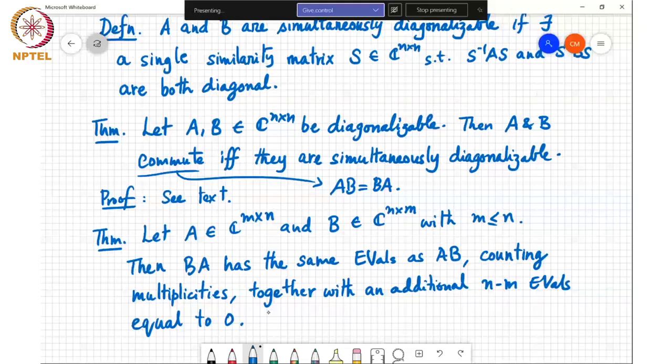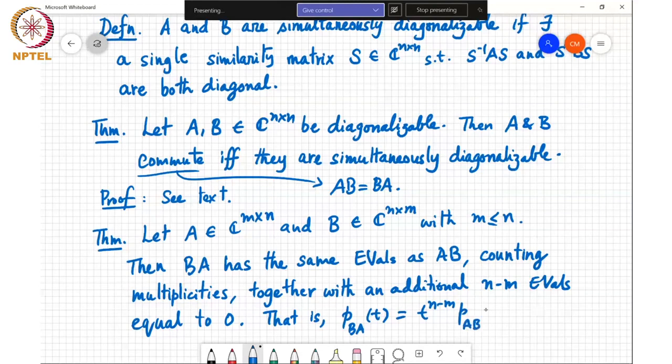Another way to say it is that if I look at the characteristic polynomial PBA of t, that is equal to t power n minus m times PAB of t. So this has n minus m extra zeros because t equal to 0 is a repeated root of this polynomial, with repetition n minus m times.